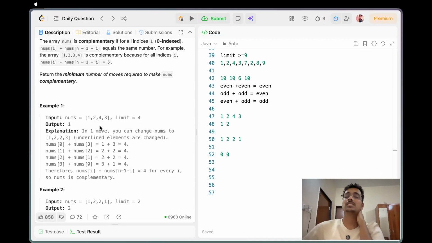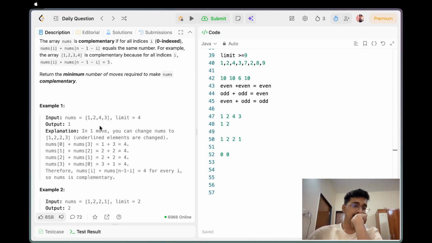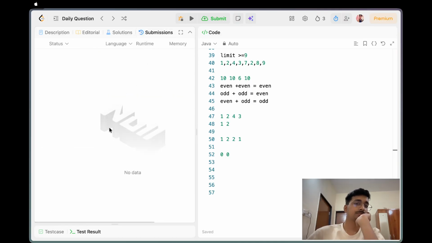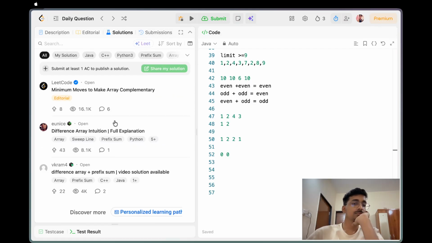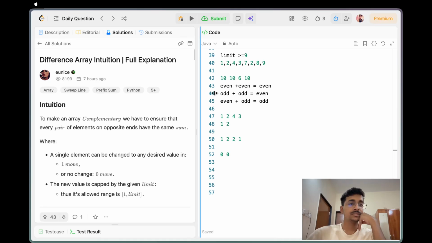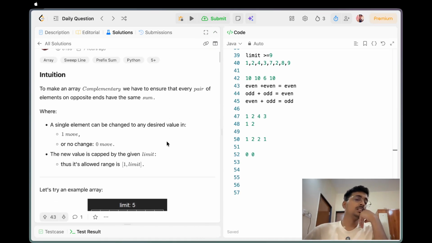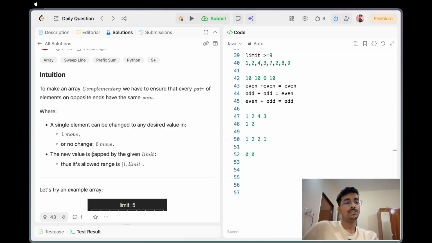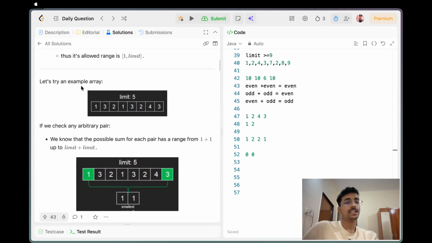Difference is 1, then 1, then 1. A single element can be changed to any desired value within one move or no move. A new value is capped by the limit. Let's try with this example.